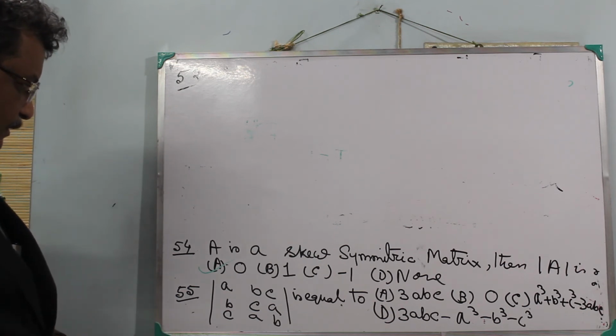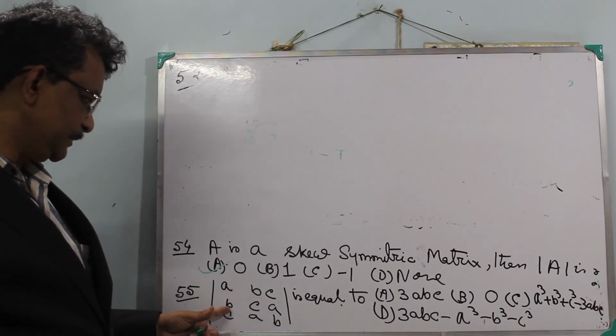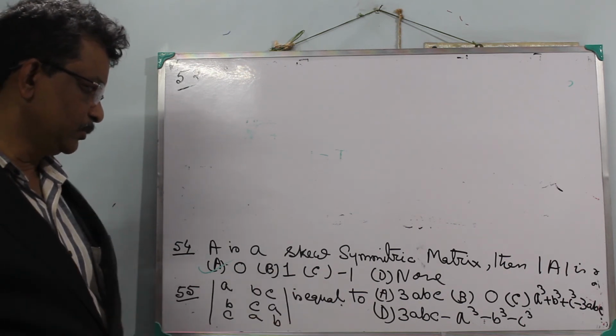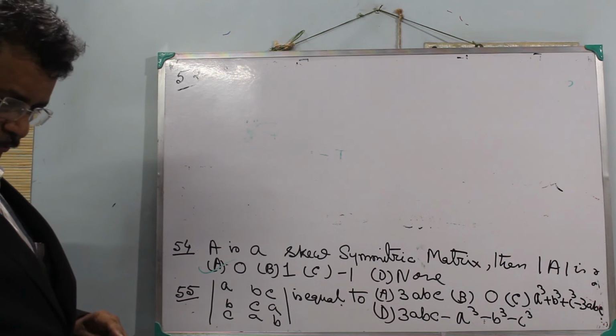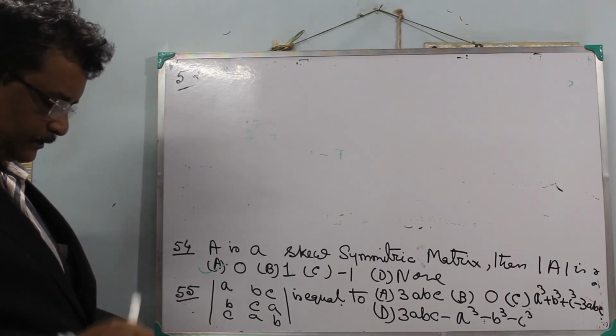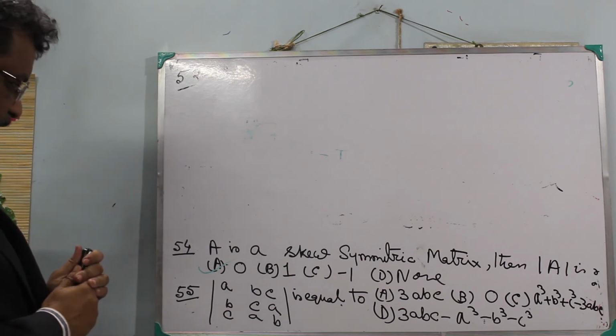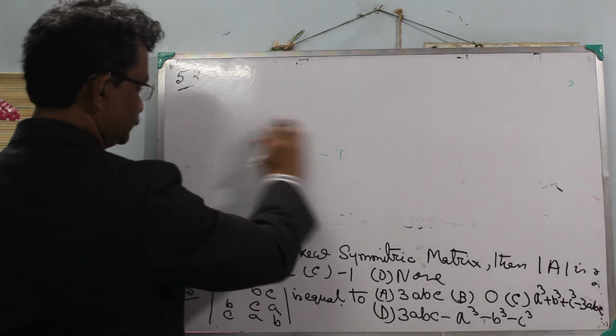So 55, the last problem. Before doing this problem, let us give you the identity. You know, but you have forgotten.